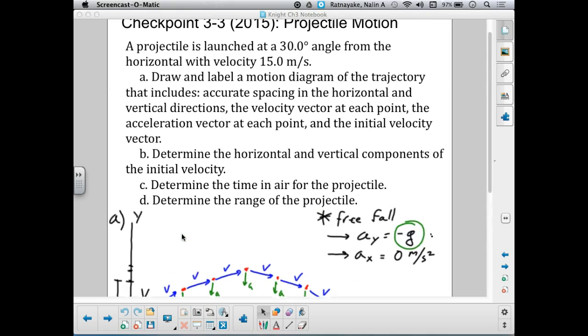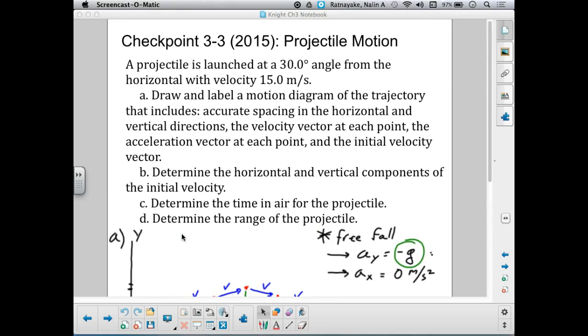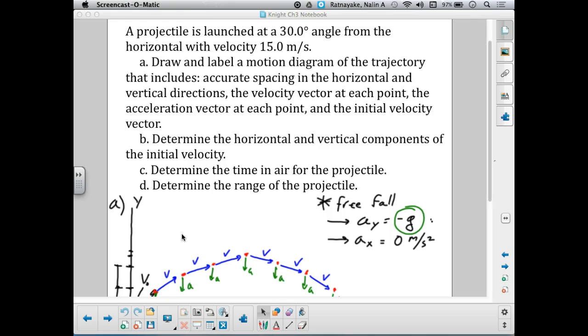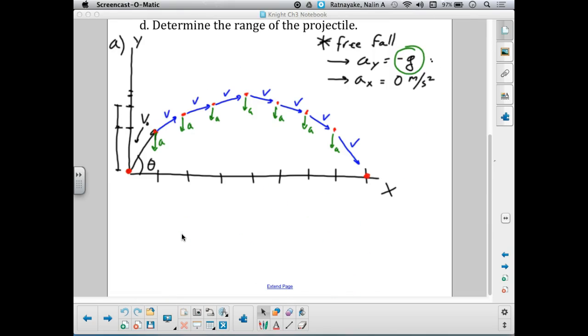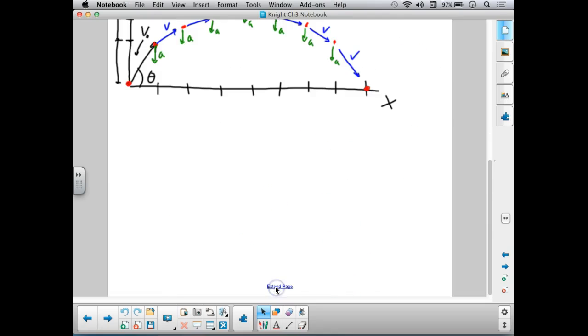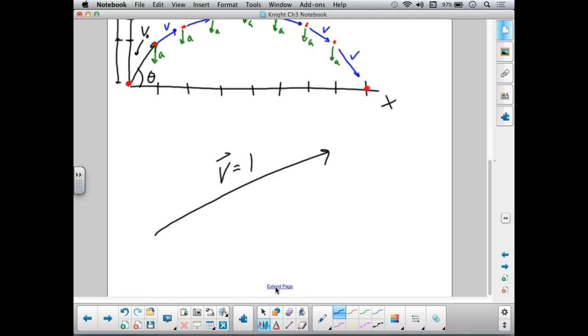Okay, now let's consider part B of the checkpoint, which was to determine the horizontal and vertical components of the initial velocity. That can be done with vector algebra. If I know that I have some velocity vector, and here they told us that it's at 15.0 meters per second, I can always break any vector down into a component that is purely in the horizontal direction.